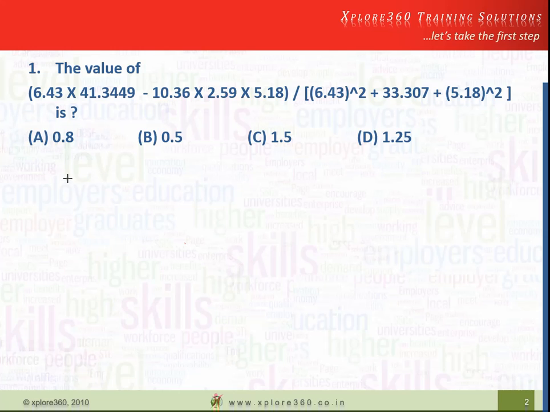And here the trick is basically a cube minus b cube equals a minus b into a square plus ab plus b square. When you look at the question, you will find that it is in the form of a cube minus b cube upon a square plus ab plus b square.